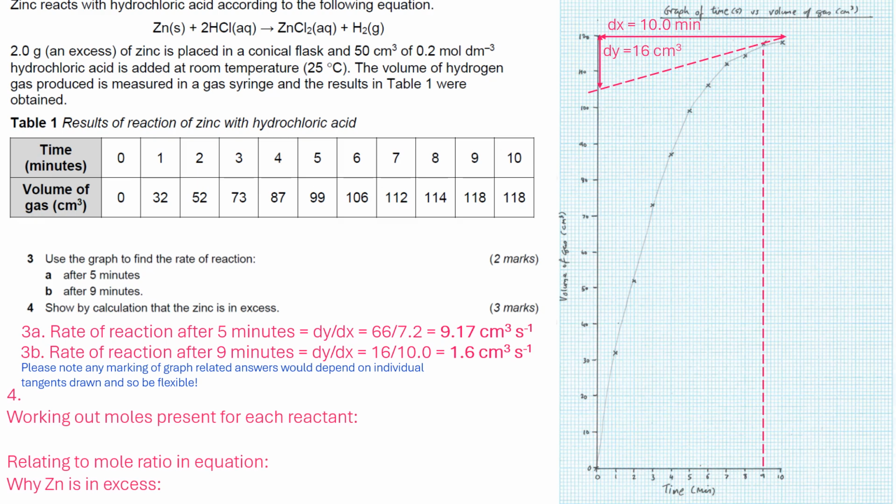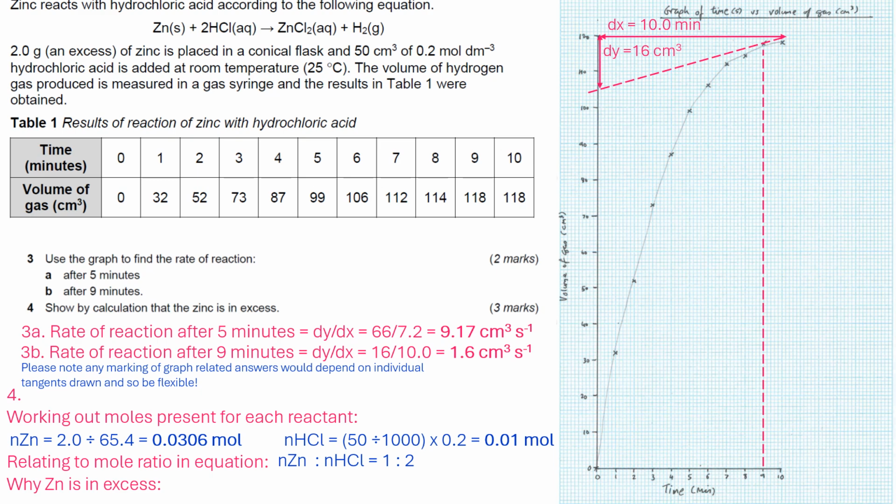So to work out that the zinc is in excess by calculation, you first of all work out the moles present for each reactant. So you have 0.0306 for zinc, that's mass over molar mass. And then for the HCl, which is a solution, it's n equals V times C. So that gives you 0.01 moles.